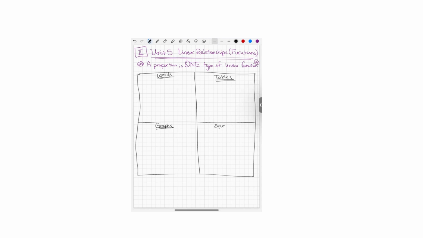We got equations. Words, tables, graphs, equations, and below our giant box of fun, we're going to list out the characteristics. Linear relationships. Take another second and get all this stuff labeled, and then we'll start filling in.